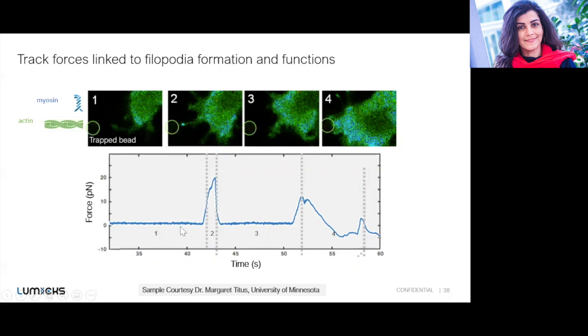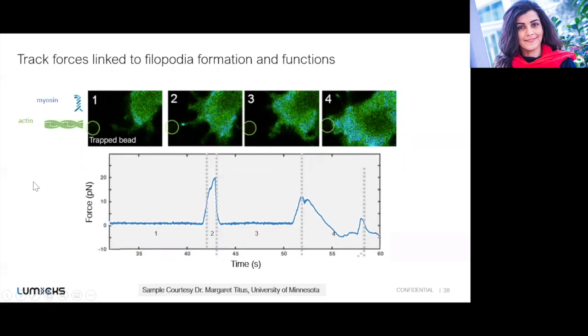Now, with the help of optical trapping, they can measure how much force these filopodia are exerting on the bead, and by looking at the fluorescence images, they can see the dynamics of these processes, since here they have both actin and myosin fluorescently labeled.